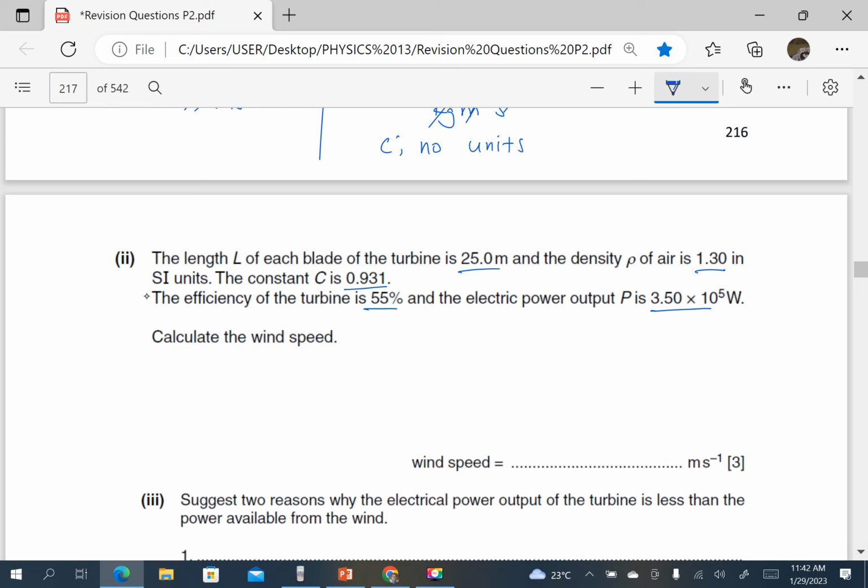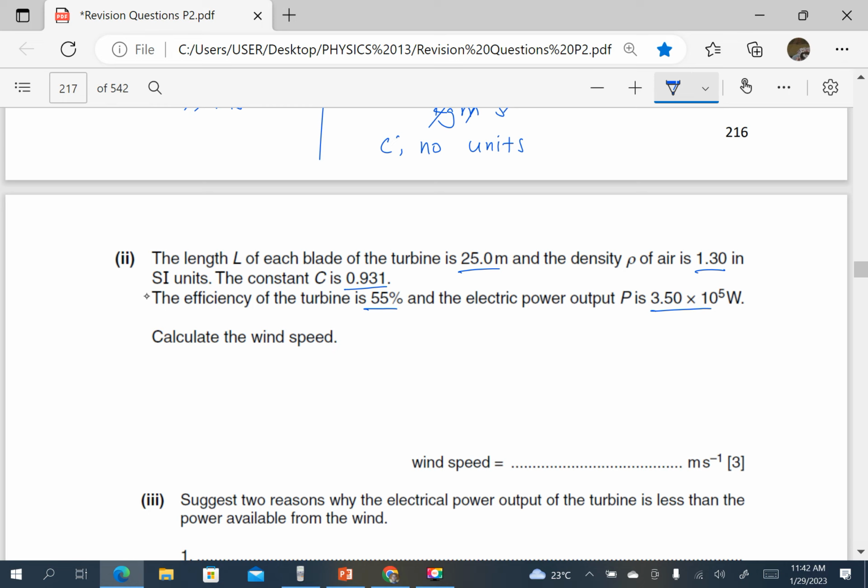So let's first of all find the power available from the wind, which is going to be converted into electrical energy. The efficiency of the turbine is 55%, and the electrical power output P is 3.5 times 10 power 5 watts. So that is the output. Let's try to find the input.